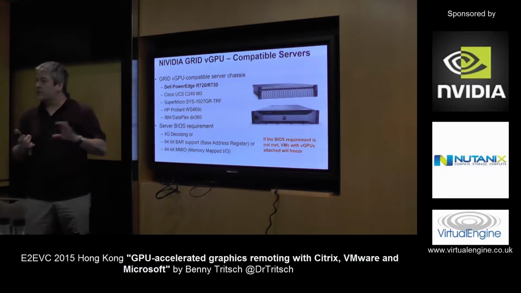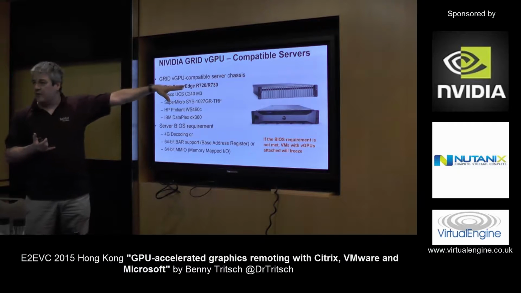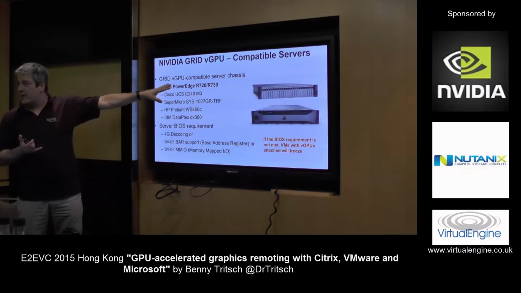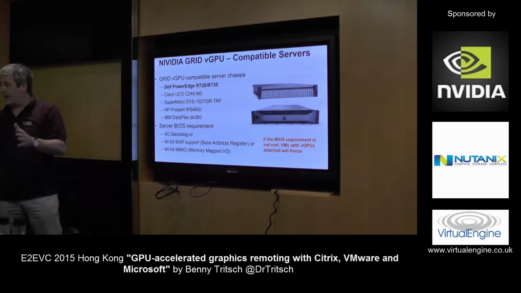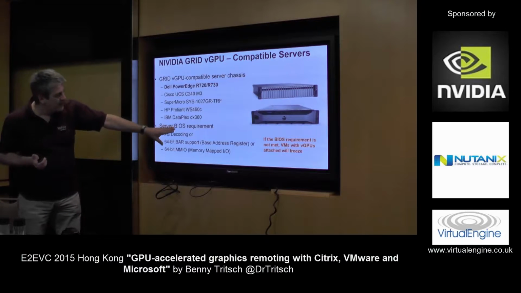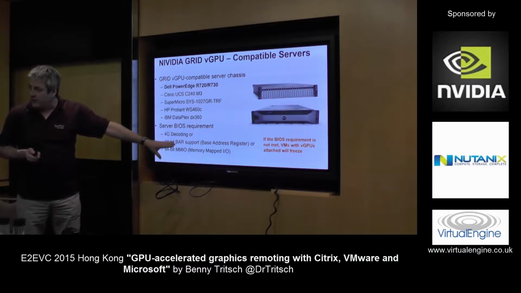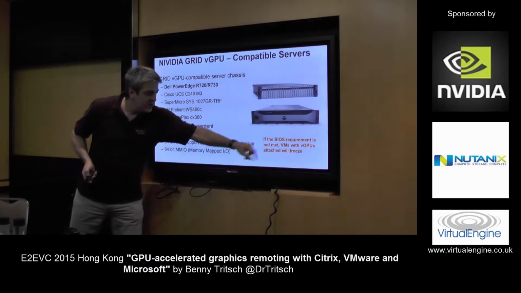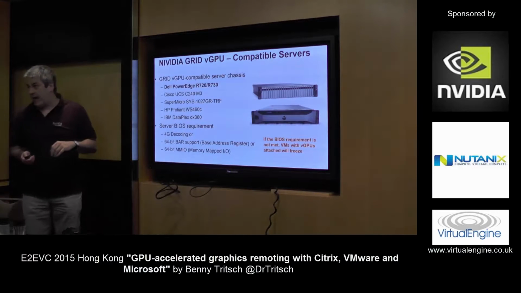So it's relatively cheap compared to those machines, where we are talking about $10,000 to $15,000 per machine. So if you want to build your own lab, go for the white label machines, but you have to make sure that the BIOS requirements are fulfilled in order to do vGPU, the Grid vGPU. If not, those VMs will crash.